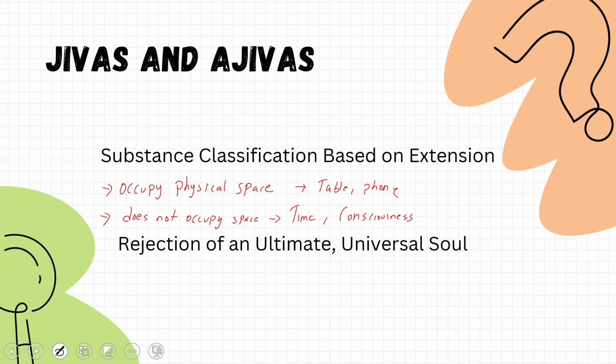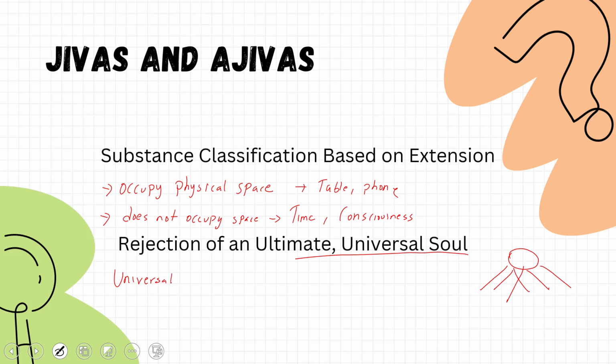And finally, you have the rejection of an ultimate universal soul. So in a way, it does not believe that there is one soul which governs everything below it. Okay, so you have other philosophical systems that have a universal soul.